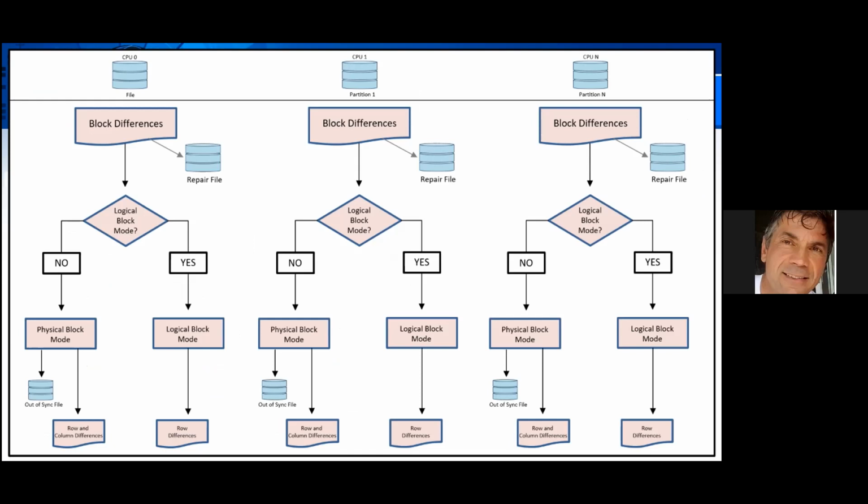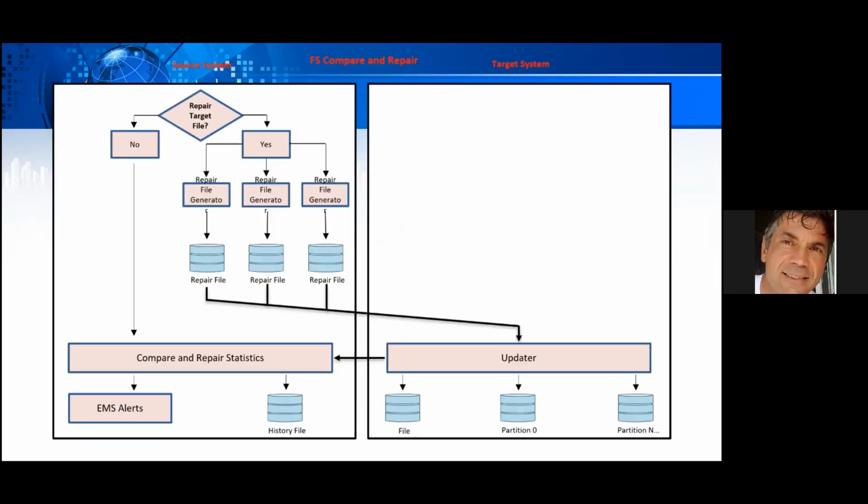The source and target partition block differences are then examined to determine exactly the file record, row, field, column differences. The file record row differences can be logged to a repair log or can be used to immediately repair the target file.